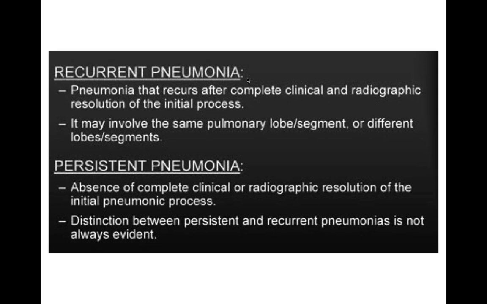So we have recurrent pneumonia and persistent pneumonia. Persistent pneumonia is when the patient fails to heal after 2 weeks of therapy. We do a chest X-ray, and we start treating the patient, so the symptoms will decline. The fever will decline, and cough and chest pain will be okay within a few days.